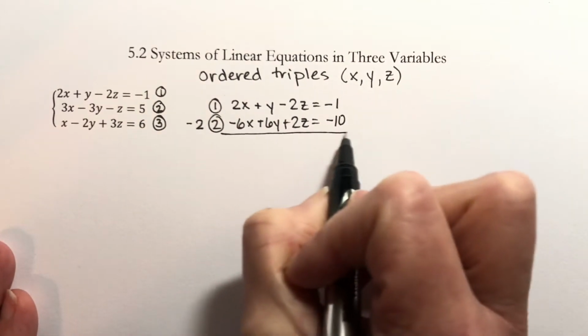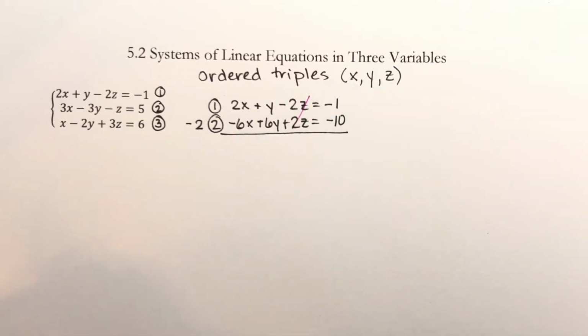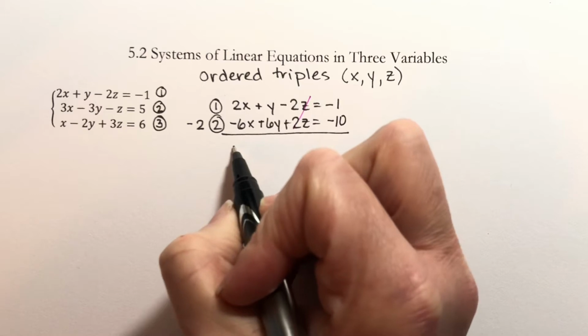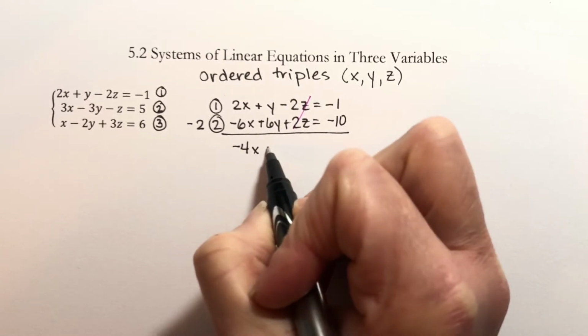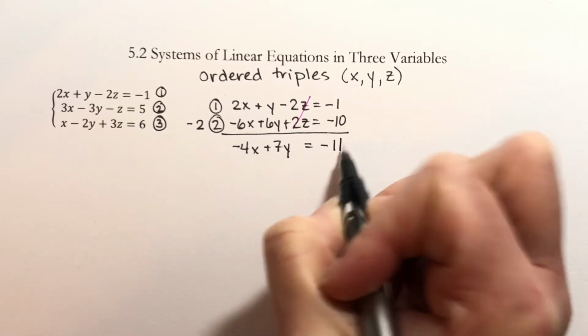Now we're going to add these together. Our z's cancel out, and we had designed it that way, so it's a good thing. And now combine like terms here, and you have -4x plus 7y is equal to -11.